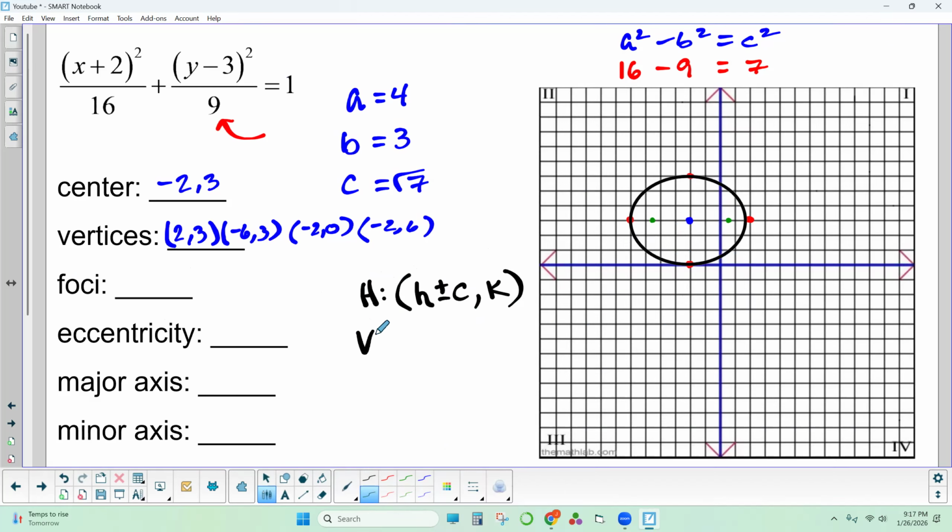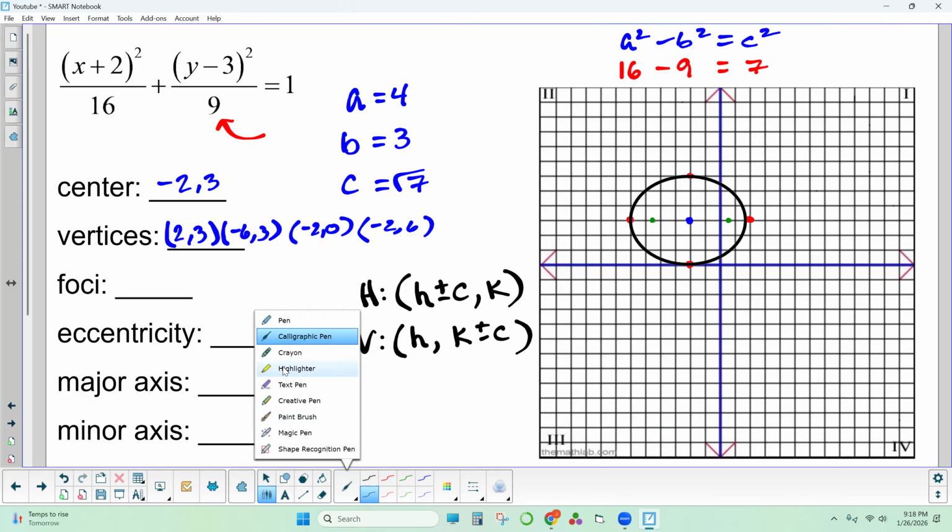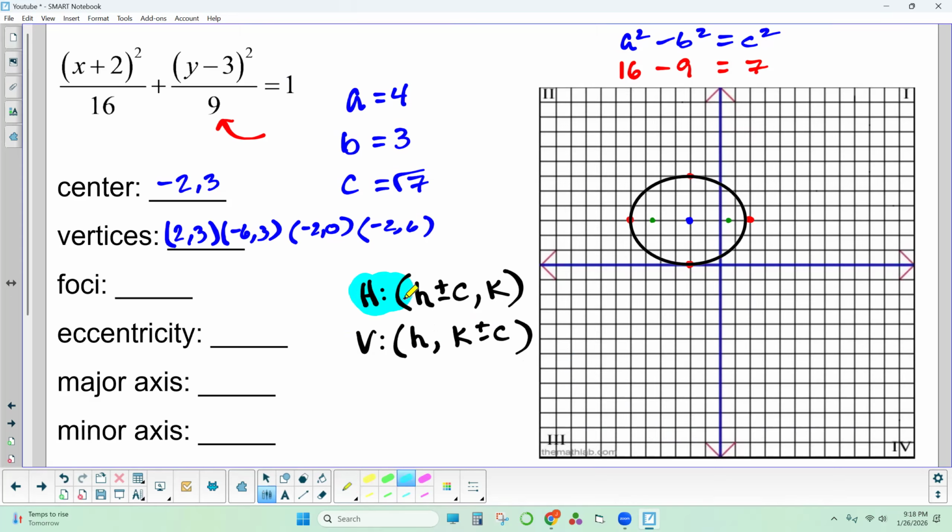And for a vertical ellipse, your foci will be at (h, k plus or minus c). Okay, so that's kind of the formula you can use there. And what you're doing is you're just giving directions, just like you would any other coordinate, to the foci from the origin.